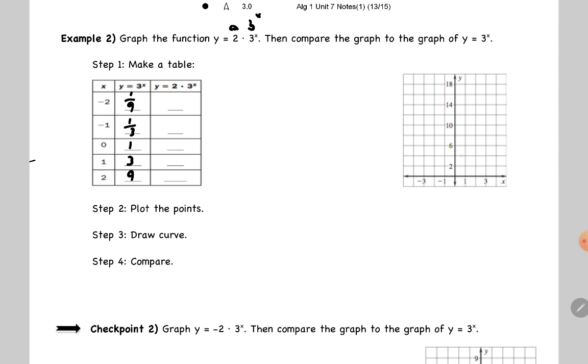So this one looks like this. -2 is 1/9. -1 is 1/3. 0 is 1. Why did they do this by 2's? And 1 is 3. And 2 is 9. So this is what our graph looks like.